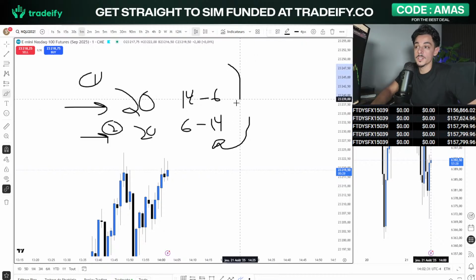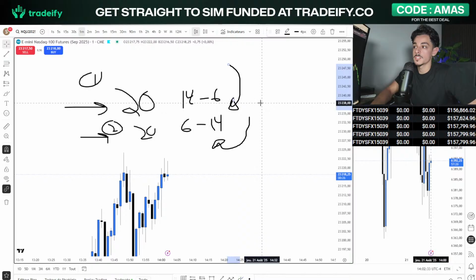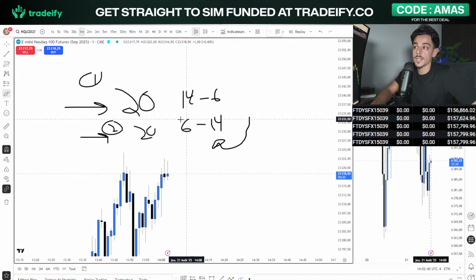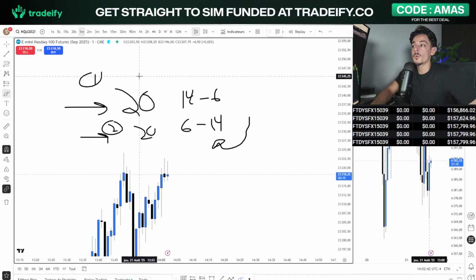Then you will just strategy hop and doubt the strategy. You'll be like, okay, damn, the strategy sucks. I'm going to get out and try to find something else. But what you need to understand is that every strategy has drawdown periods. It's just how you're going to react to those drawdown periods knowing that you have a real statistical edge.